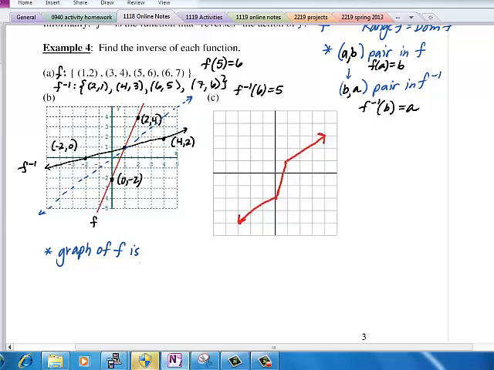So the graph of f inverse is the reflection of the graph of f across the line y equals x.